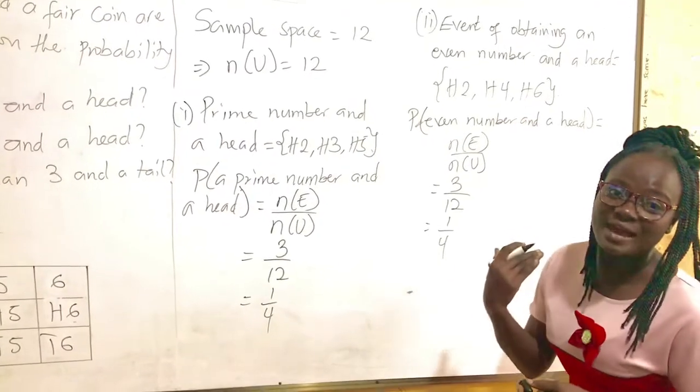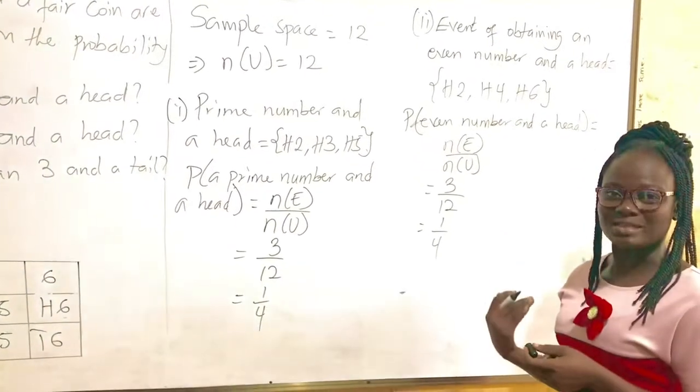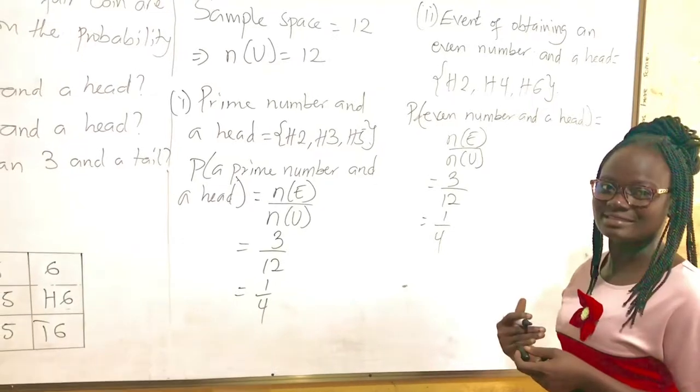So you always divide the event by your total sample space.